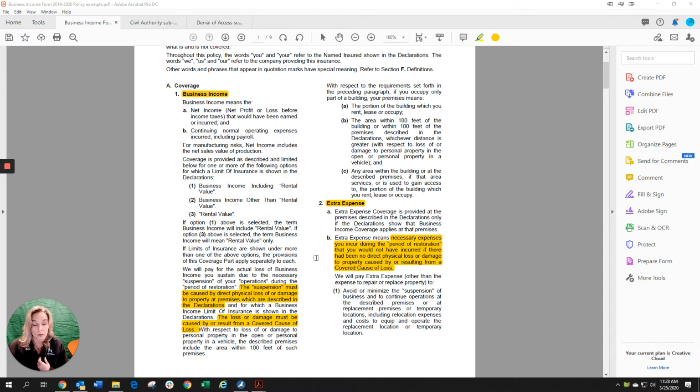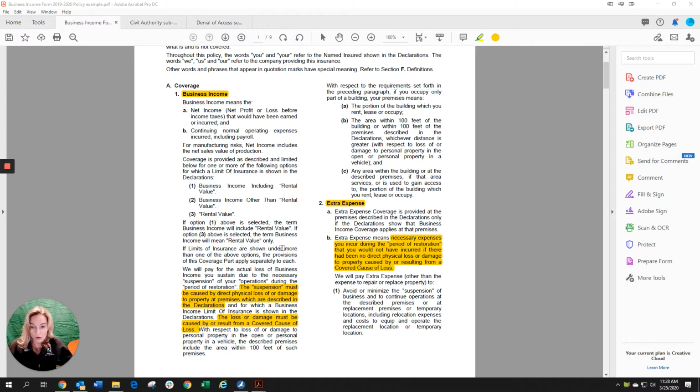I won't get reimbursed. But what if you have a 72-hour waiting period and the loss happens Thursday night, so you're closed Friday, Saturday, Sunday? If those are your three biggest days, you need to be really aware that that's not going to have any coverage. So it's really important to talk to your agent about your waiting period if your business derives income on a daily basis.